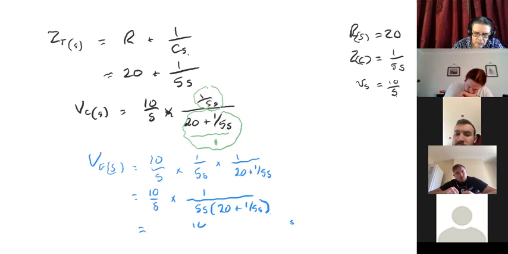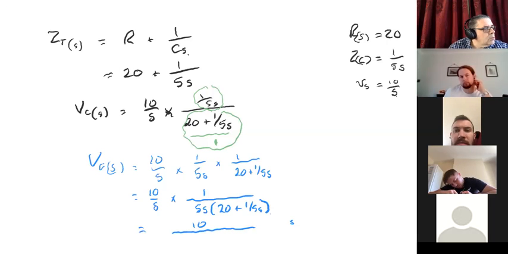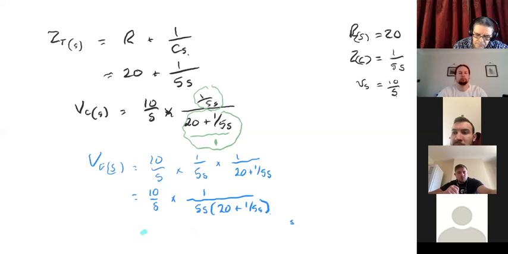So we have 10 over, right, and what would you have? And multiply all of this by s. So we'd have, no, I can see what I've done here. One minute. We multiply out these brackets.